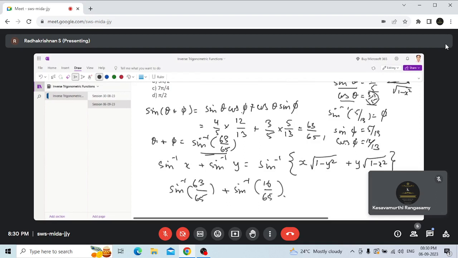So you can use the same approach, in the same way I did. You put sine theta equal to 63 by 65. So then cos theta will be, you draw a triangle.